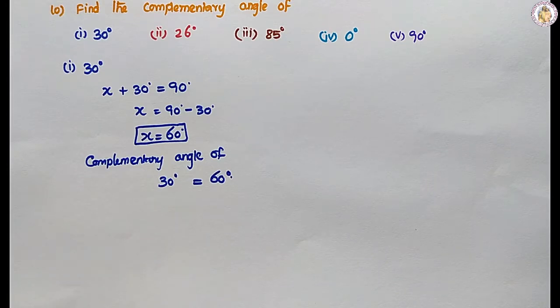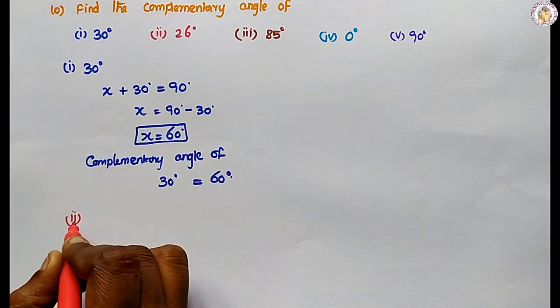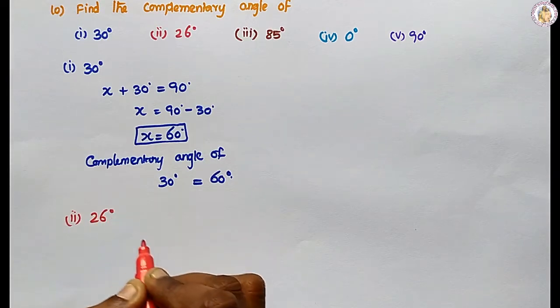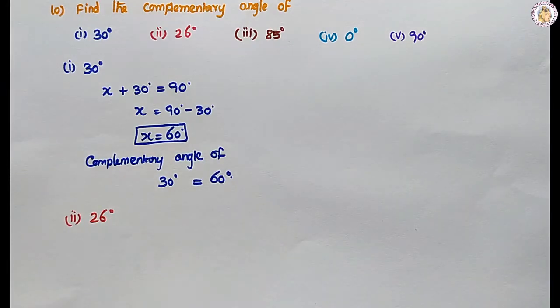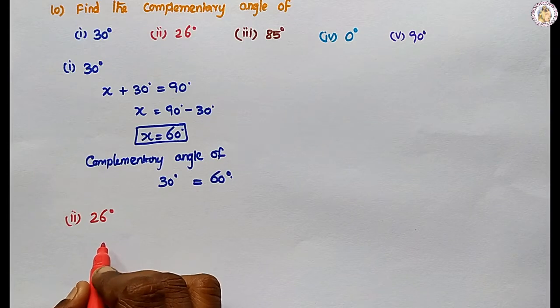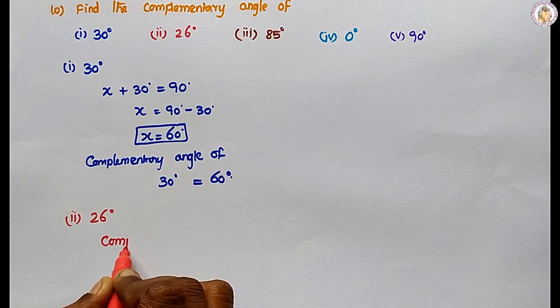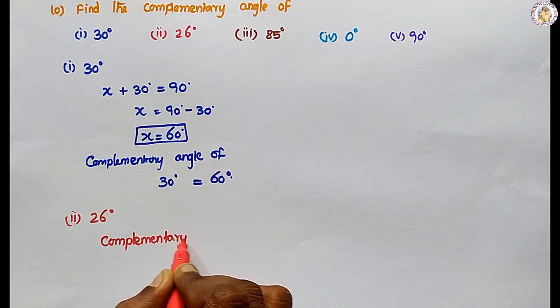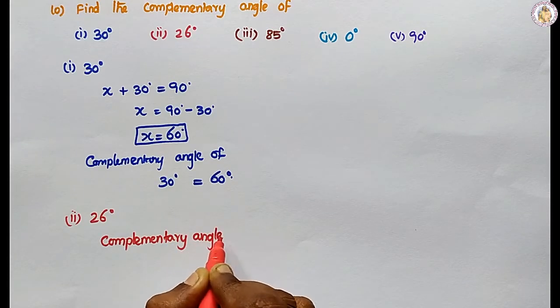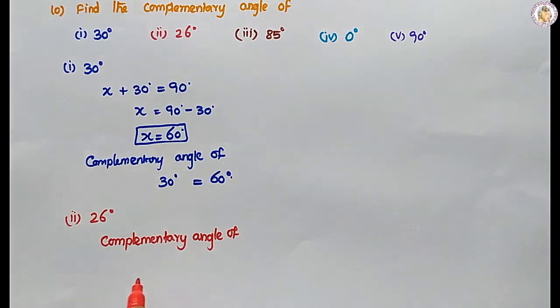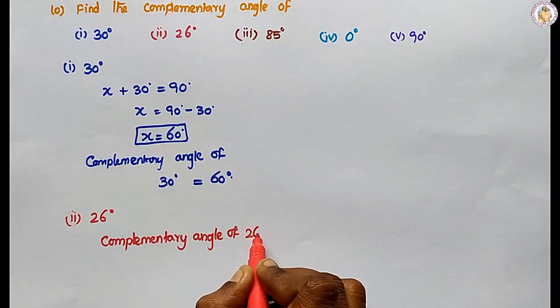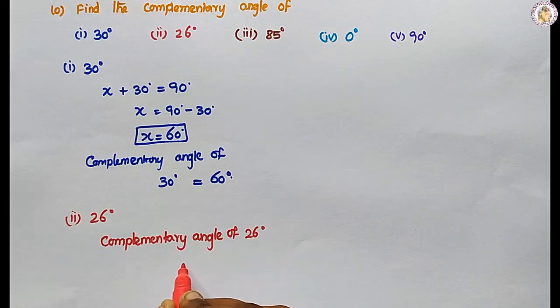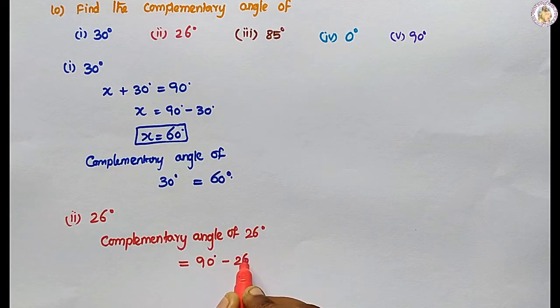And then next one, 26 degree. Shortly we put the answer. Complementary angle of 26 degree equal to 90 degree minus 26 degree.